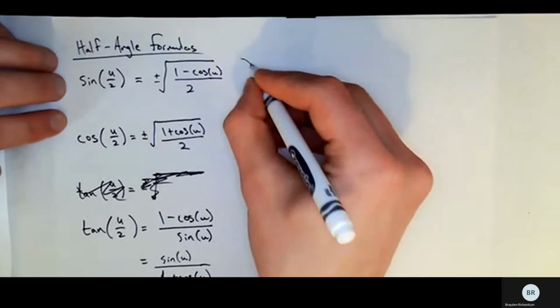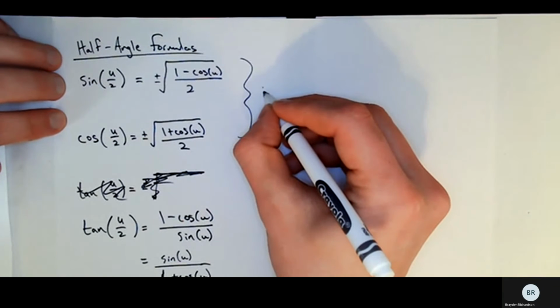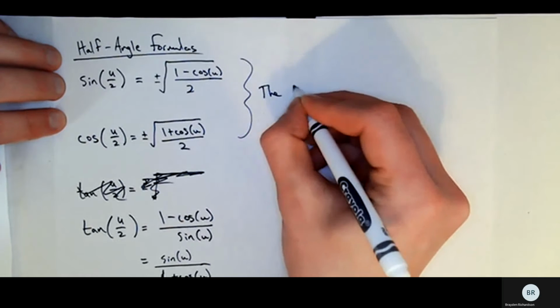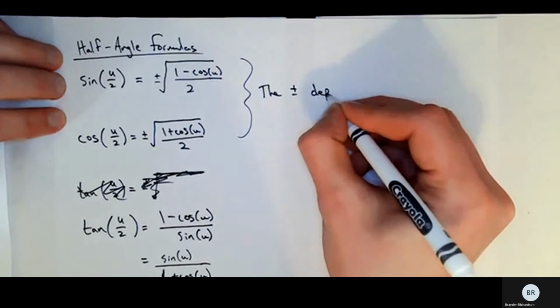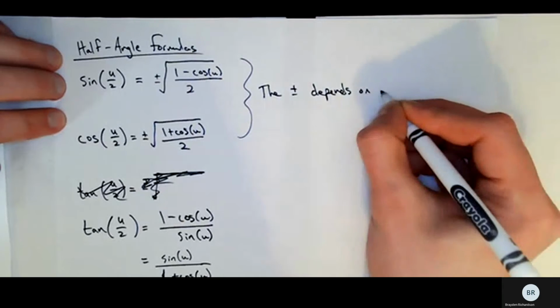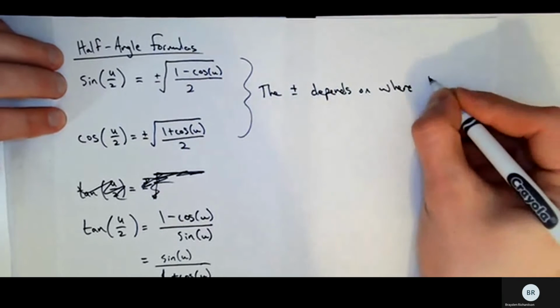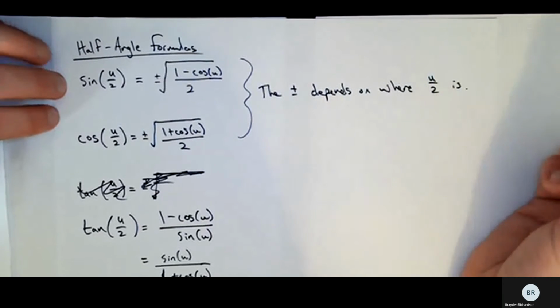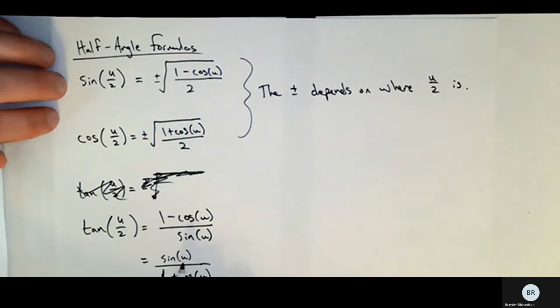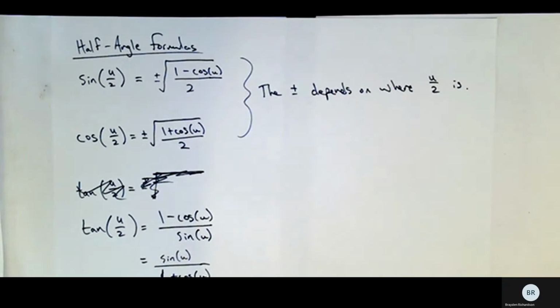Oh, by the way, the plus or minus depends on where the angle u over 2 is. So remember, u over 2 is just some angle here. Why is it the letter u? Why isn't it x anymore? I don't know. That's just how everyone writes them. It was x for double angle and power reducing formulas, and it's u for the half angle formulas.